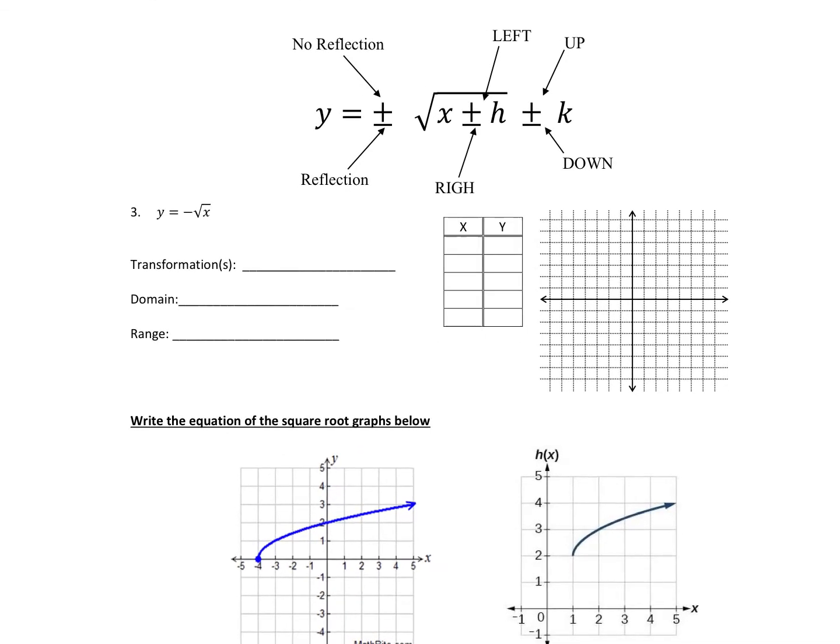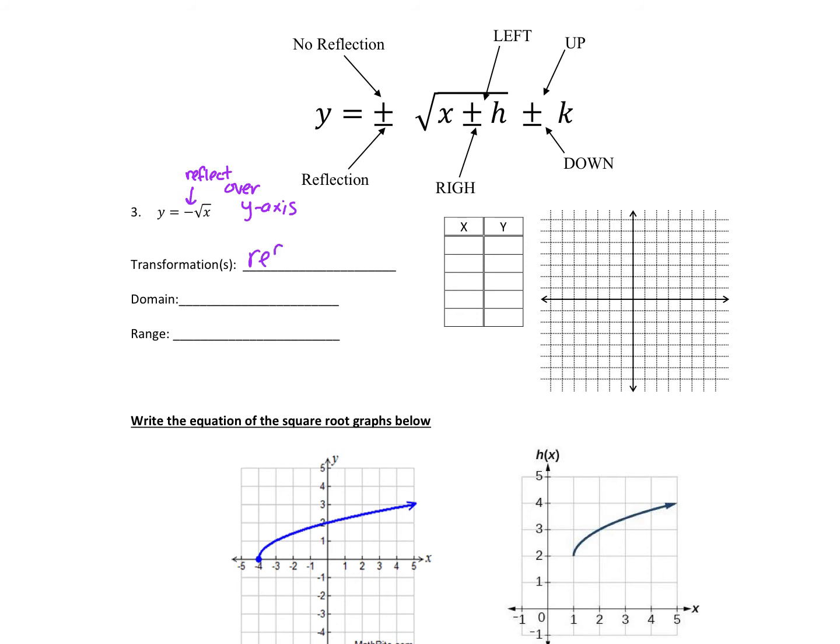All right, I copied the transformations over on here because now we have a negative in front. So now this is going to reflect over the y-axis. And actually, I can just write it right here. Reflect over the y-axis. And I'm going to copy those same numbers that I had in my other table into this table, and then I'm just going to reflect them all over the y-axis.